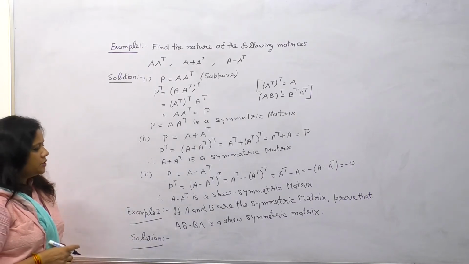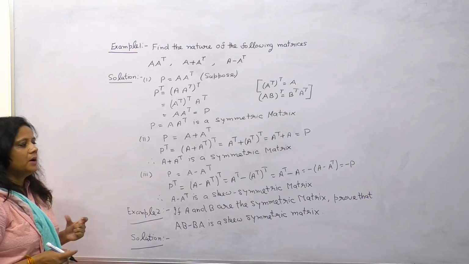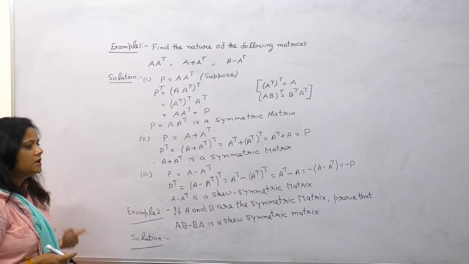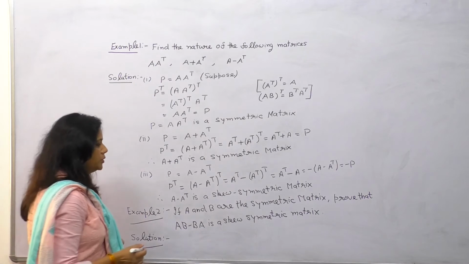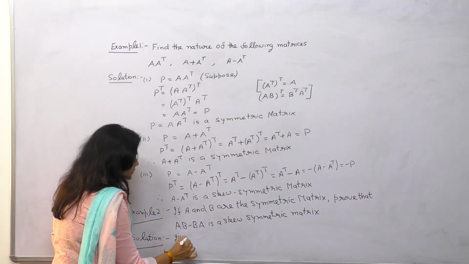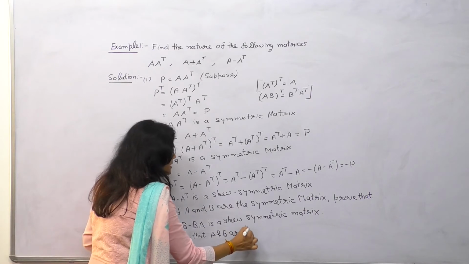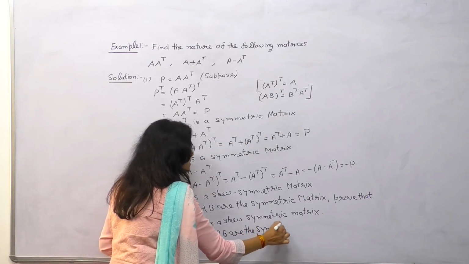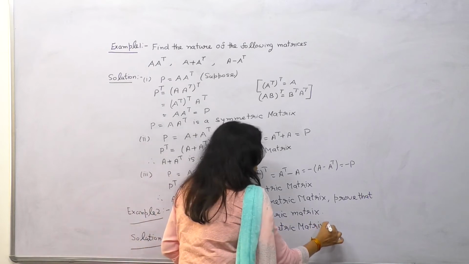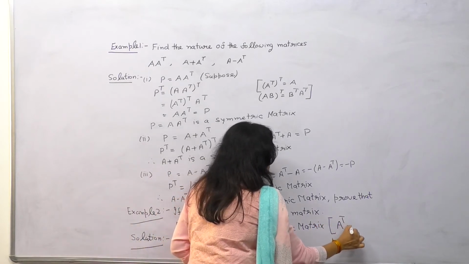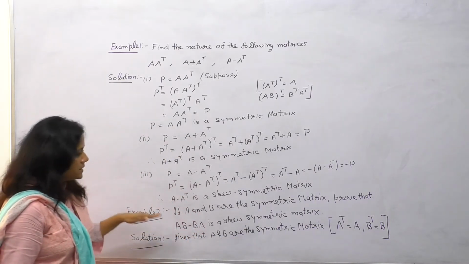So in example 2, given that A and B are symmetric matrices, we recall the definition of the symmetric matrix: that means A transpose is equal to A and B transpose is equal to B. So this statement is given.